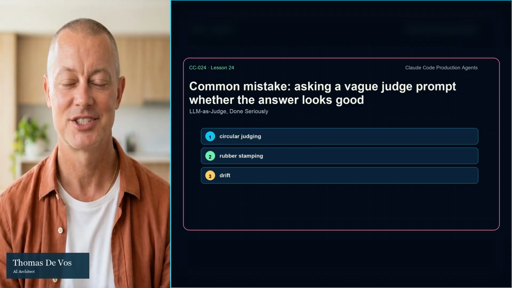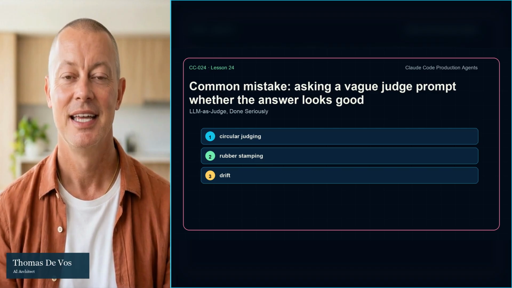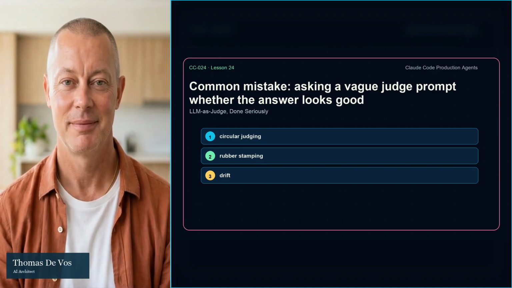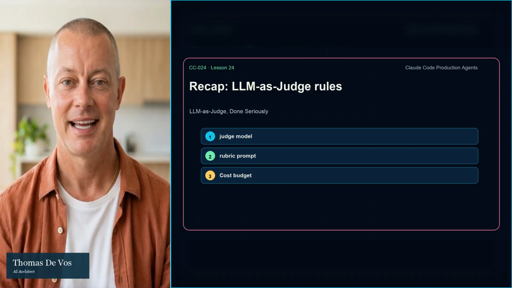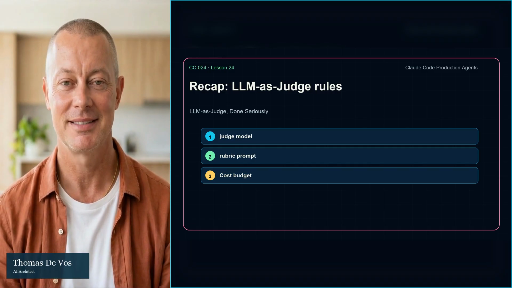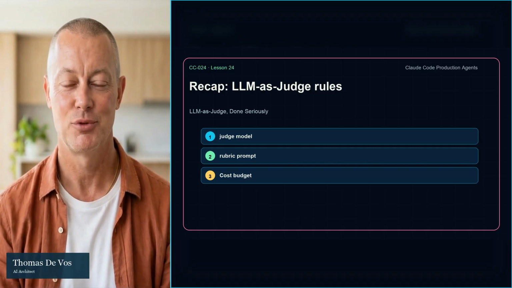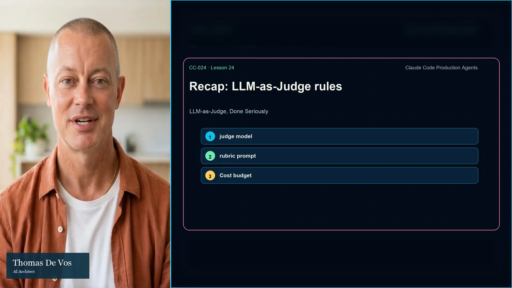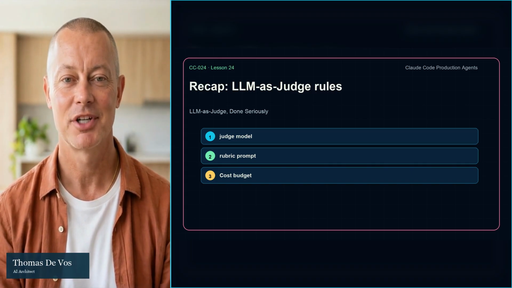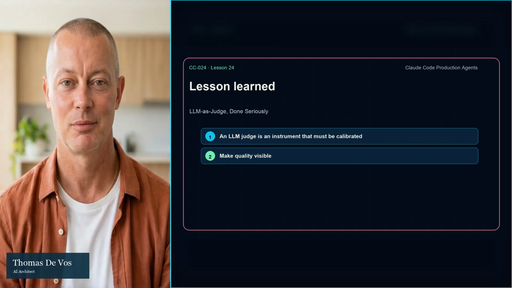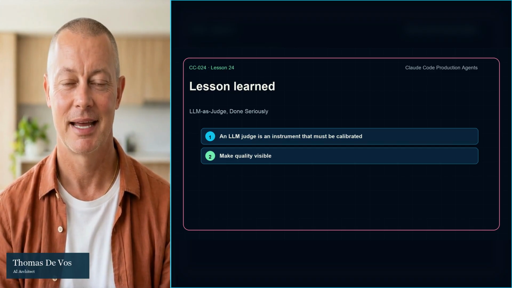For LLM as judge, done seriously, define the signal, capture the path, review the evidence, and connect the result to a release decision. Quality should be visible before trust is requested. The lesson learned is this: an LLM judge is an instrument that must be calibrated. A production agent earns trust when quality, risk, and history are visible.